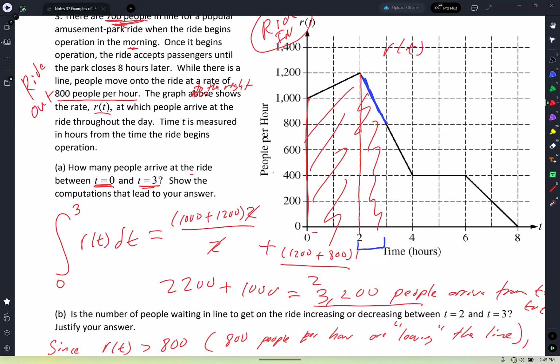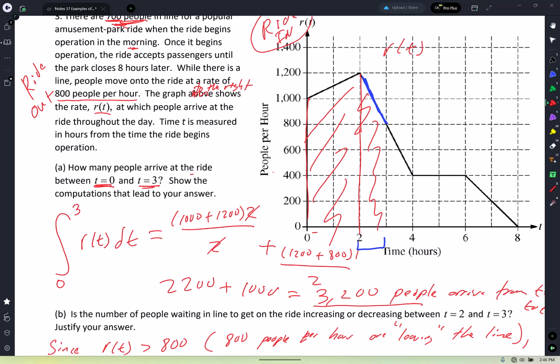At 0, there's 700 people in line. When is the line the longest? There's 700 people, then 1,700 people, and then 800 of them go on the ride. Then there's 1,100 people. No, not 4. At 3. Why at 3? Because it's 800. Yeah, it's okay, guys.